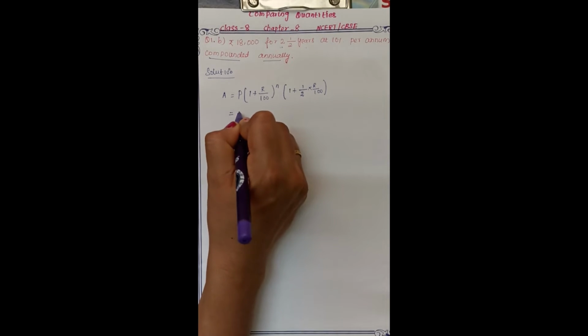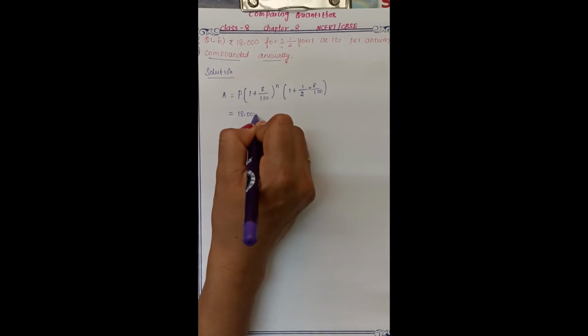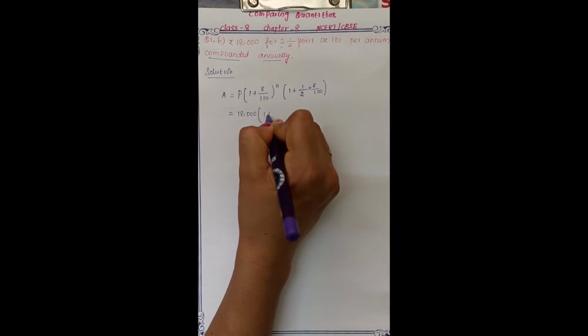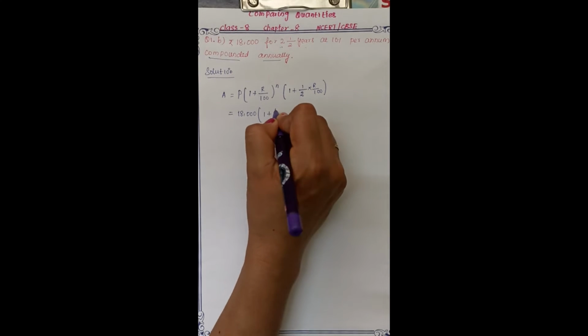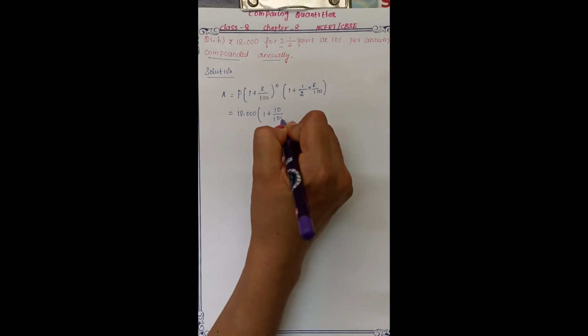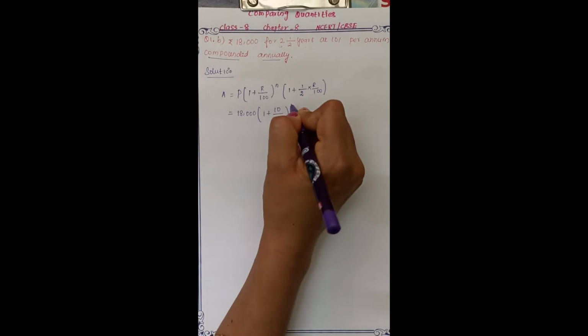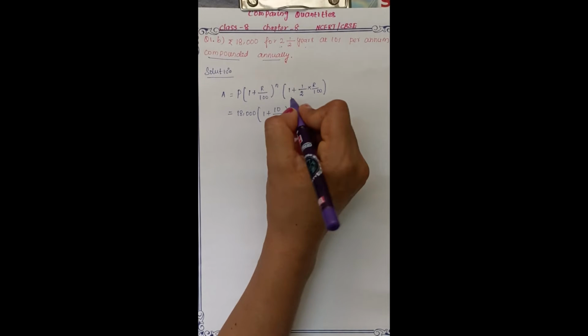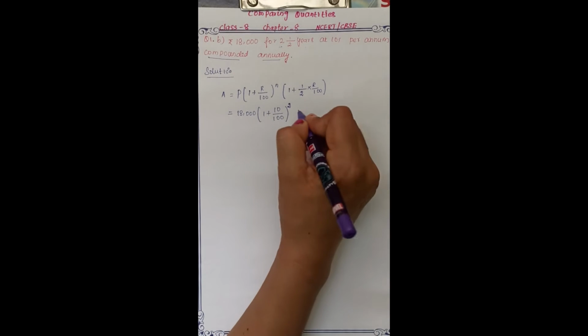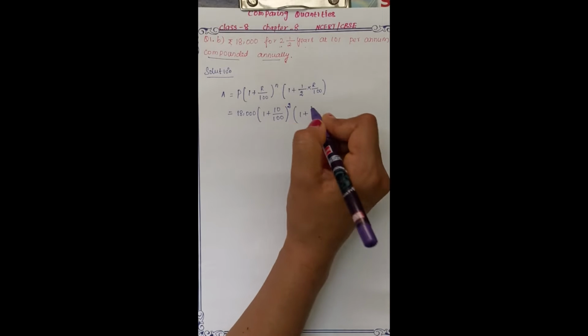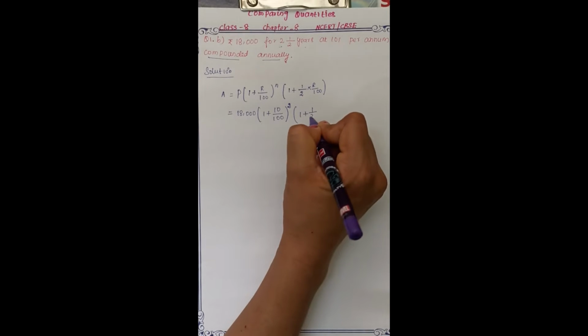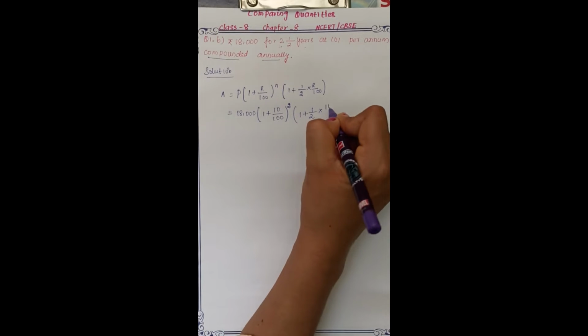So the principal amount is 18,000 and 1 plus R, which is 10%, divided by 100, to the power of 2 years, into 1 plus 1 by 2 into R, 10%, divided by 100.